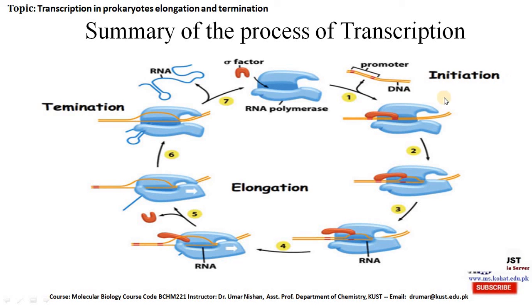This is initiation. The RNA polymerase, along with the sigma factor in its holoenzyme form, is attached. The process of elongation takes place. The RNA polymerase moves in this direction. The transcription has already begun. Elongation is taking place.